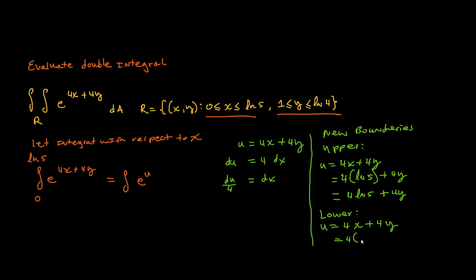All right. Let's substitute for x, and the x is this. So is this 0 right here? For the upper, this x, we substitute it with natural log 5. For the lower is 0. And we're doing it only for the x because we are integrating with respect to x.